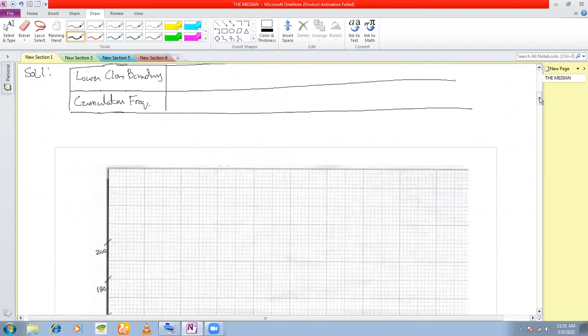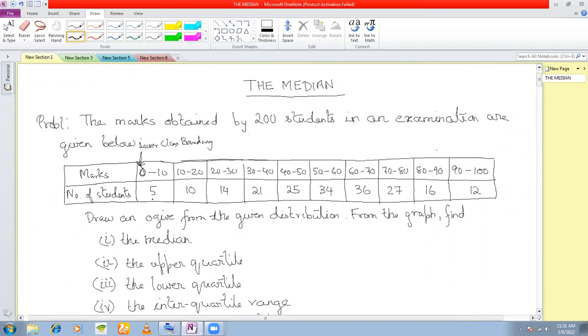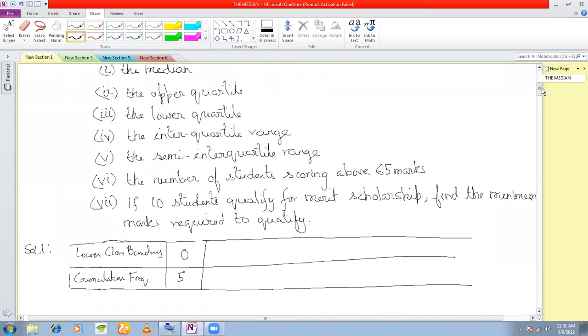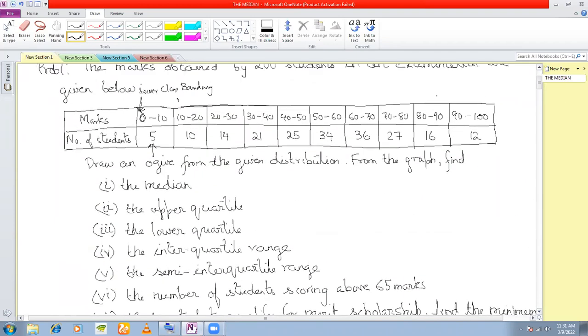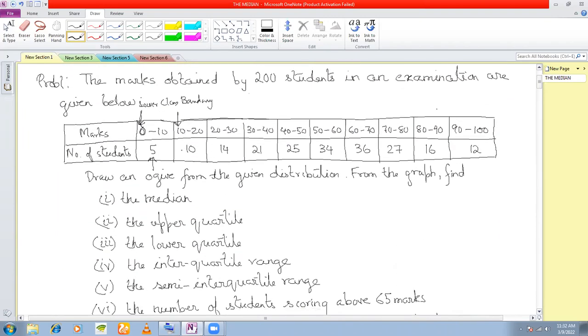So here we write a 0, and what is the frequency corresponding to this? 5. So we write 5. Now in the next row, you write the next lower class boundary, which is 10. And what is the cumulative frequency of this 10? You add these two.